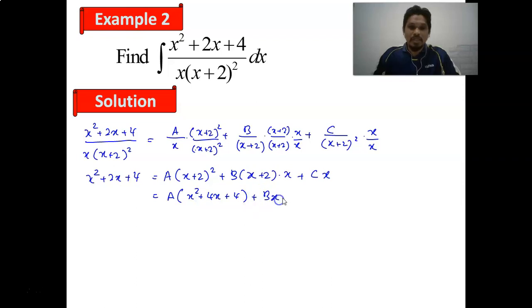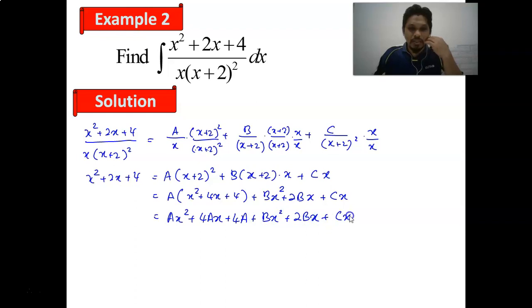Then b times x and x, bx squared, then b times 2, 2b x, and then plus cx. So ax squared plus 4ax plus 4a plus bx squared plus 2bx plus cx.